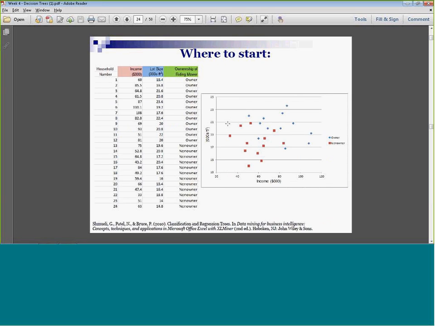And when you plot this, it makes it look a little bit more interesting, doesn't it? The non-owners, the red squares, tend to be lower income and have smaller lots to mow. It makes sense. Riding mowers aren't cheap, and you don't need a riding mower if you have a small amount of grass to mow, do you? Tend to be. But there's some weird things that happen, like here's somebody who has a riding mower who doesn't make a whole lot.